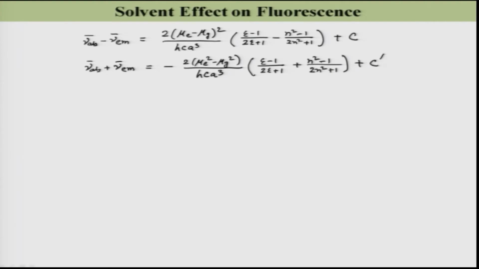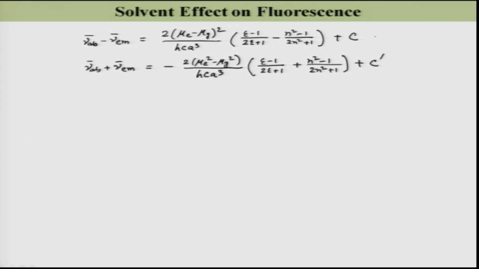So here, the first one is nothing but the Lippert-Mataga equation, and the second one I just did with nu bar absorption plus nu bar emission. In this case we are going to get a negative slope.